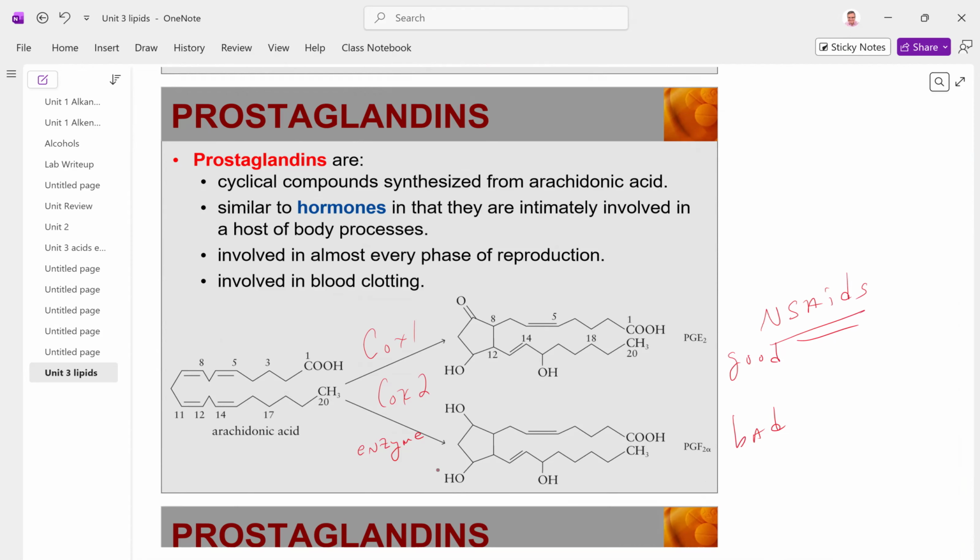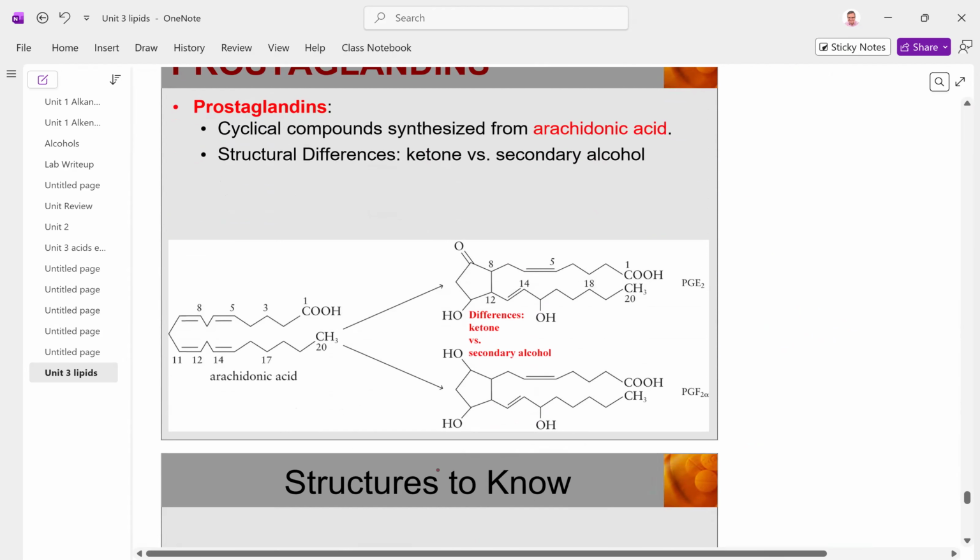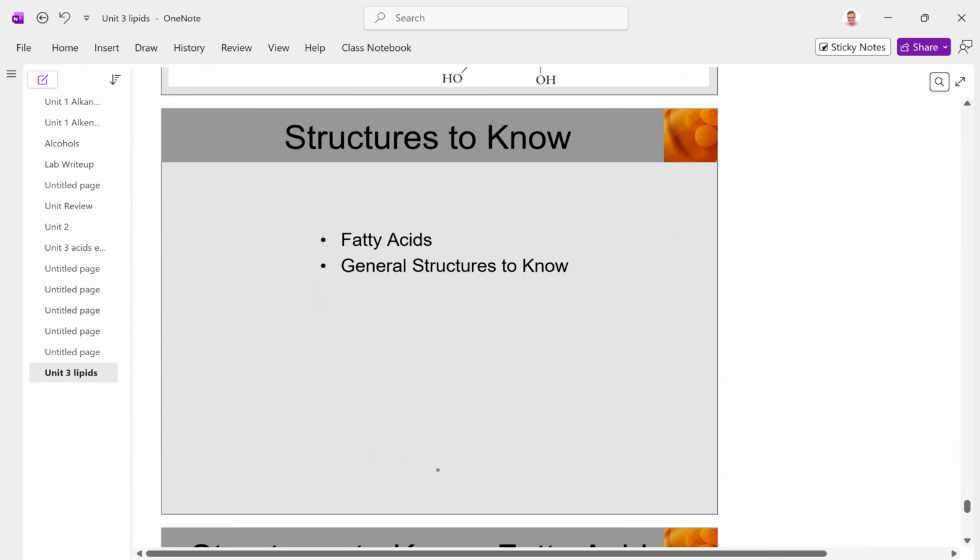The bad ones reduce blood clotting. That's why doctors say you shouldn't be taking aspirin if you're prone to ulcers, because it'll prevent blood clotting. Anyway, the bottom line is one of the reasons why it's important to take your fats in the appropriate type of fat is that they're precursors to other things. Our body is full of this concept of precursors.